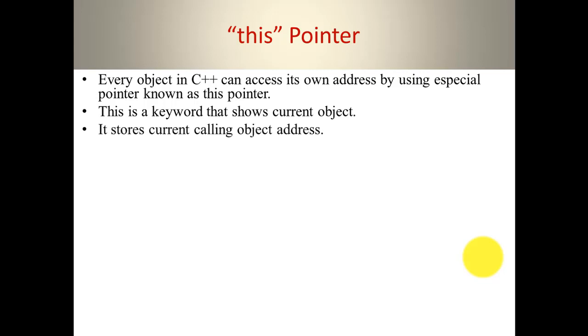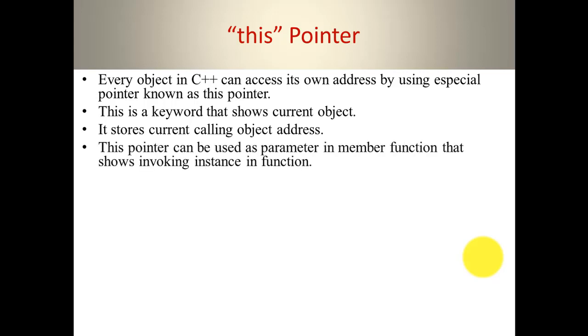It stores the current calling object address in the code. This pointer can be used as a parameter in a member function that shows the invoking instance in the function, that shows which object it is calling.